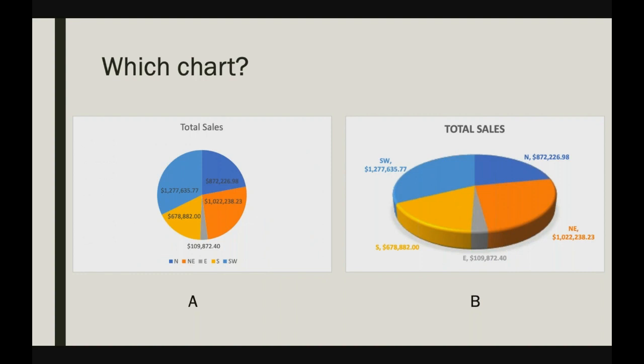3D pie charts give an illusion of greater value to the pieces that are closest to you. So what I mean by that is the bottom half of the pie chart, visually looking at that image on the right, the $678,000 worth of total sales for the South region, represented by that yellow slice, looks as big, if not bigger, because of that third dimension, than the North region, the darker blue in the top right corner, that has an actual value almost $200,000 more at $872,226.